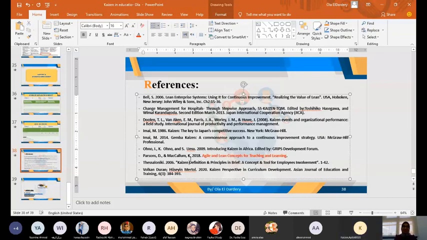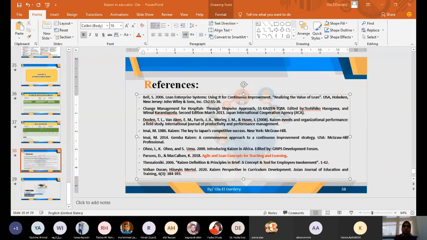Yeah, well, I'm glad you liked it. Actually, as you can see in the references, there is a book titled Agile and Lean Concepts for Teaching and Learning. So yes, they use Kaizen and Lean in organizations, and not just in factories. It might have been initiated in factories, but it's used in the educational sector. When it comes to Six Sigma, they focus on the defects, what's going wrong, and how they can fix it.